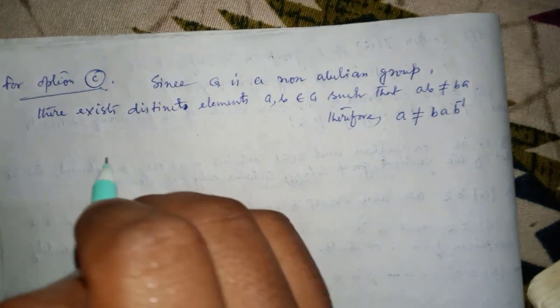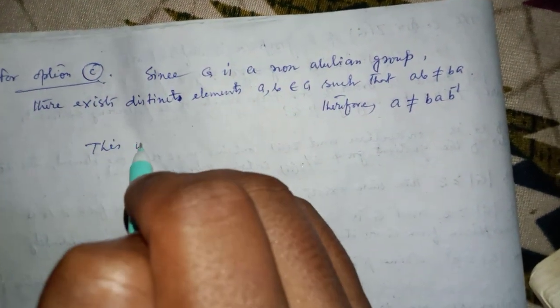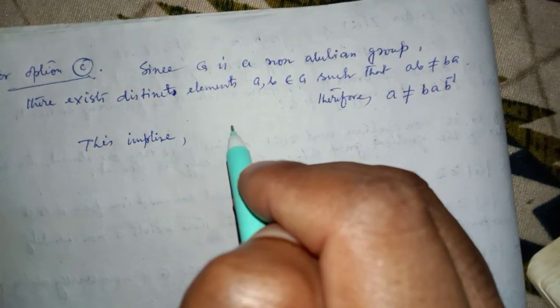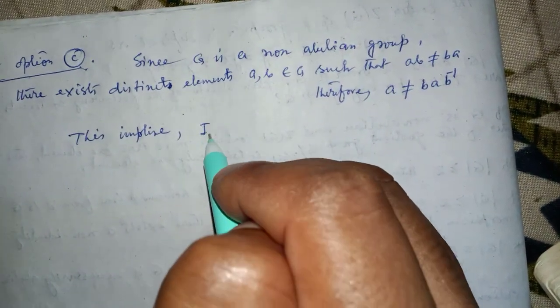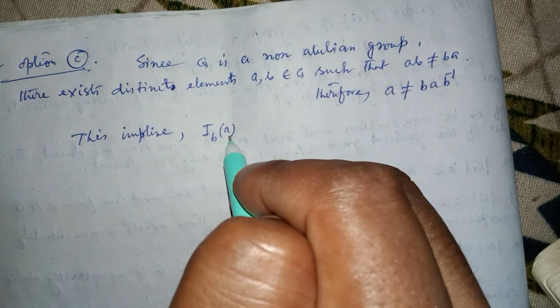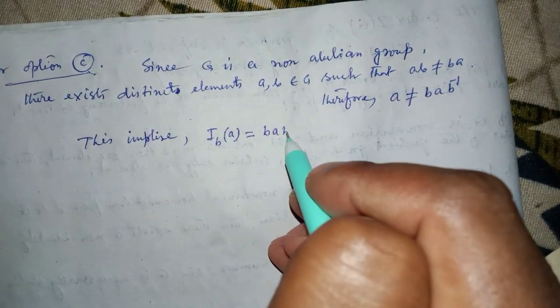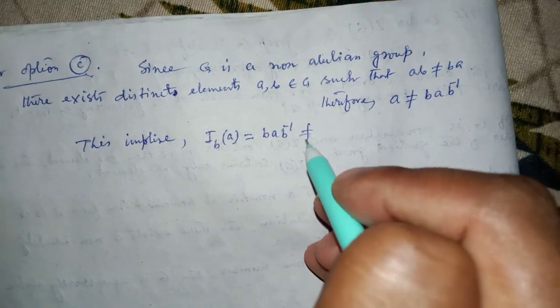This implies that I_b of a, which is equal to b a b inverse, is not equal to a.